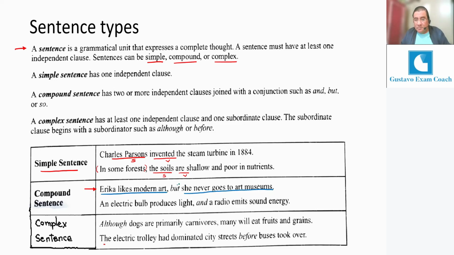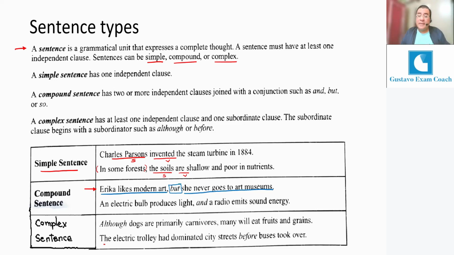Okay, but establishes some kind of contrast here, but at the same time, it also places the two components of this complete thought, the two independent clauses, at the same level of hierarchy, which means none of the two clauses is more important than the other. The two are at the same level of importance within the sentence. It's just a contrast between these two parts of the thought.